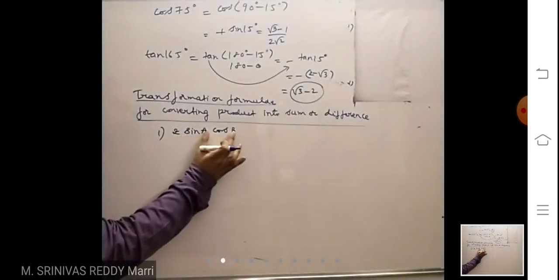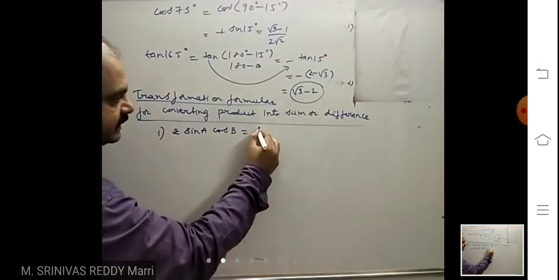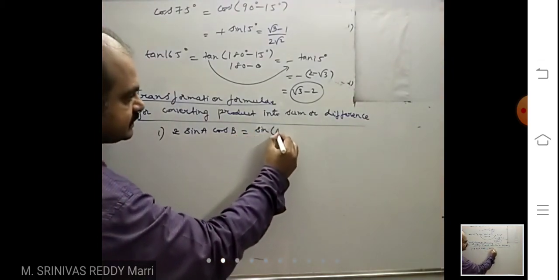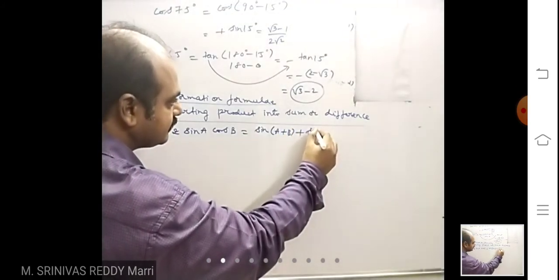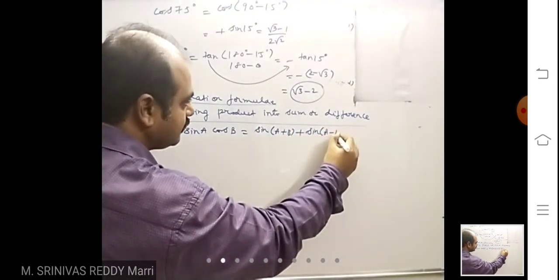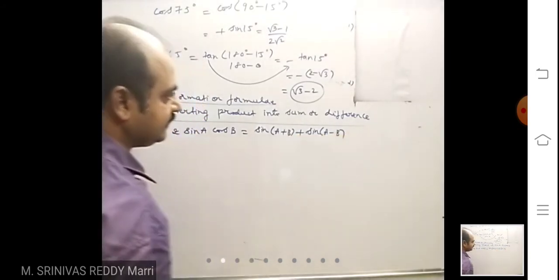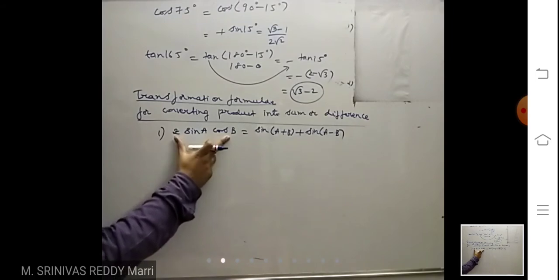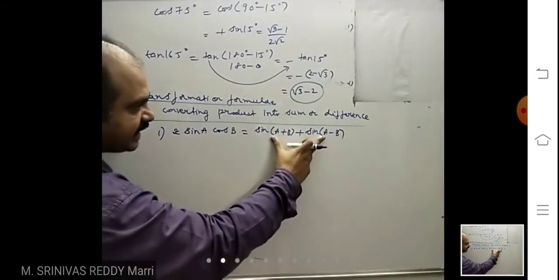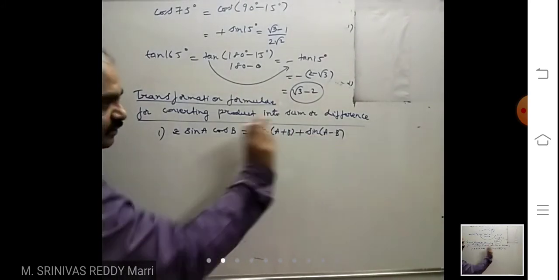Whenever sine and cos are there with 2, you can convert it like this: sine of A plus B plus sine of A minus B. The left hand side is a product of two trigonometric ratios, and the right hand side is a sum of two trigonometric ratios.